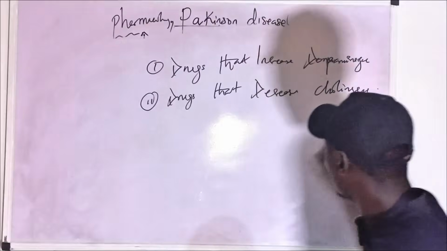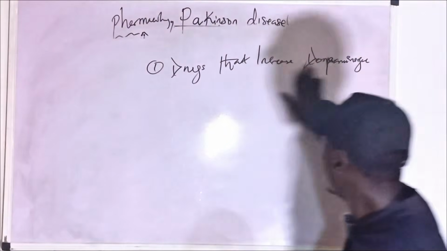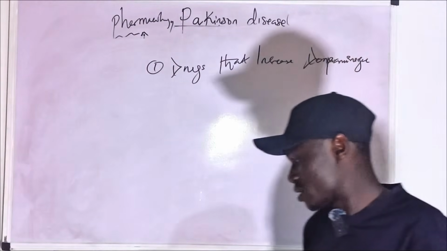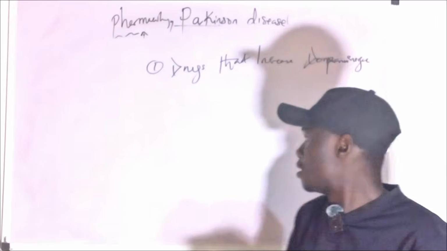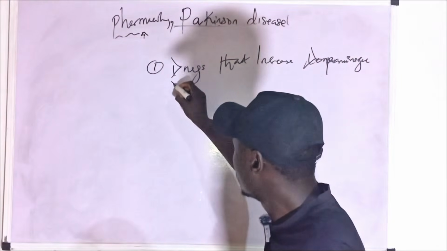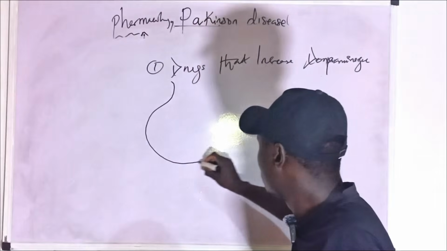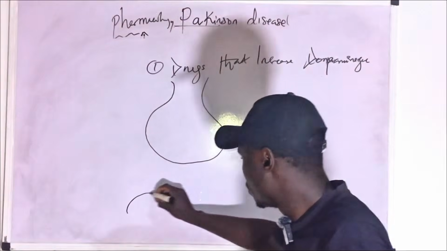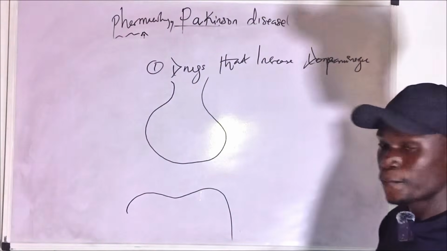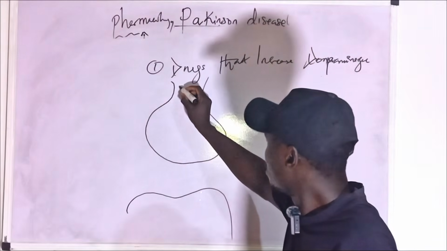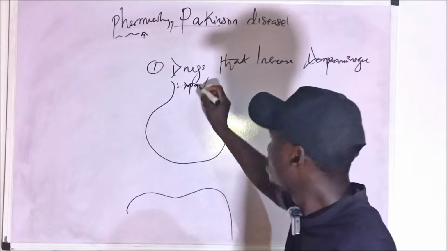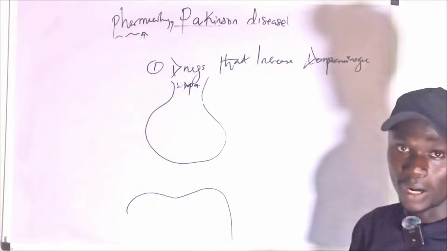So let's start with the first one, the drugs that will increase dopaminergic activity. It's very, very simple. Look at this diagram here. Imagine this is a synapse, a dopaminergic synapse. Here is the receiving neuron. Now on this part, we need to know that L-dopa is the precursor for dopamine.